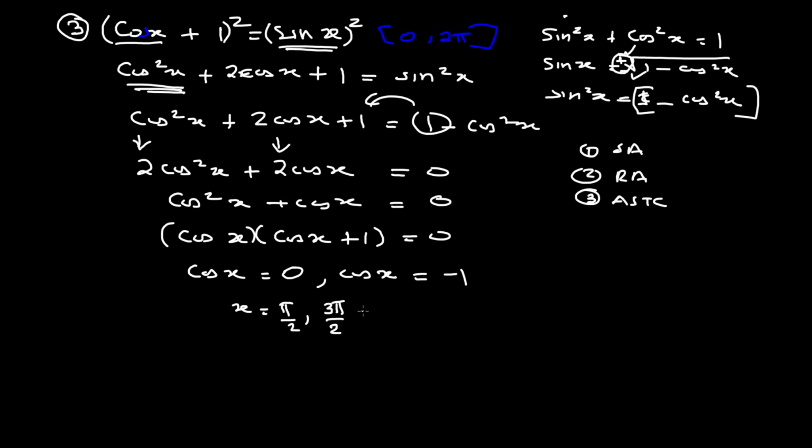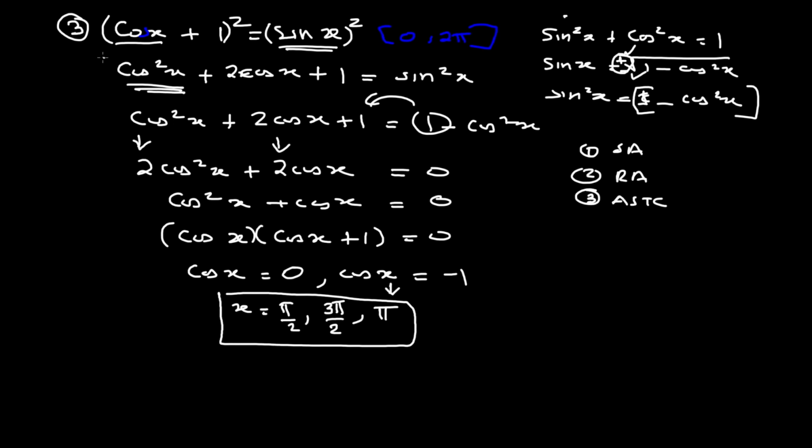Right. Then another one that we can have is from this one here. So at which point is cos minus 1? Okay, it is at 180 degrees. So here we'll have pi like that. So we'd have obtained all our answers. So we can say it's pi over 2, 3 pi over 2, and then pi.